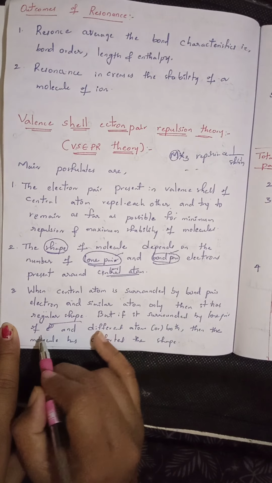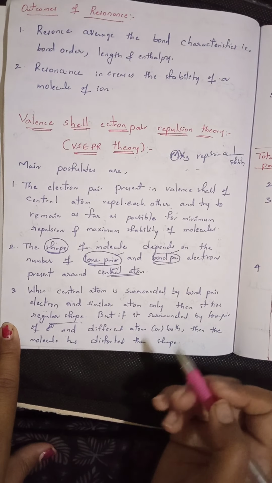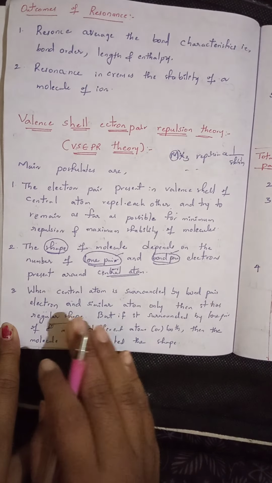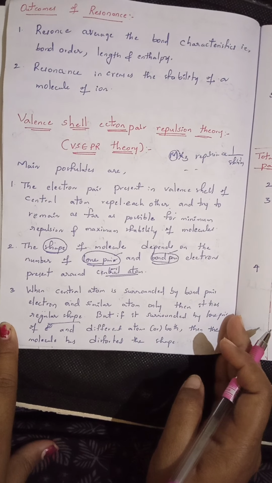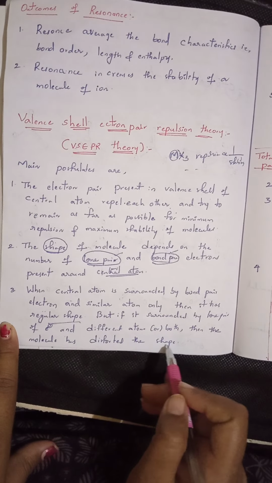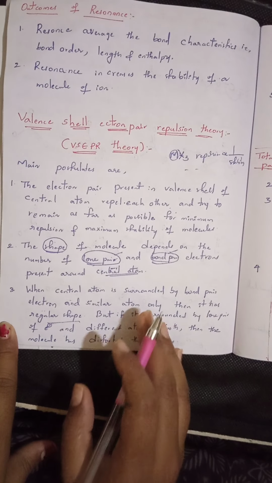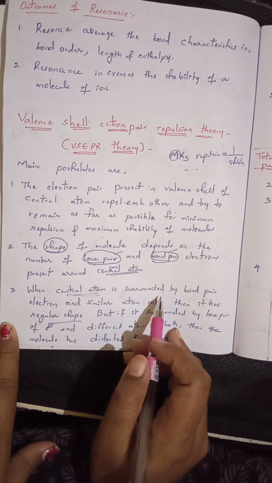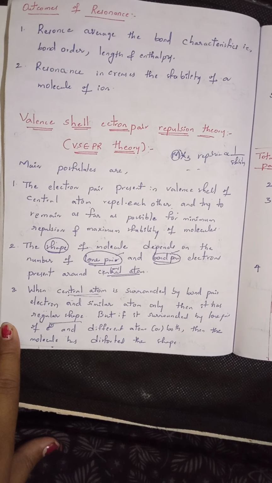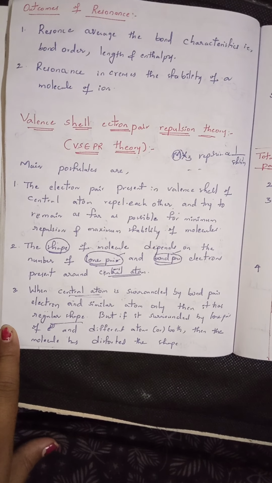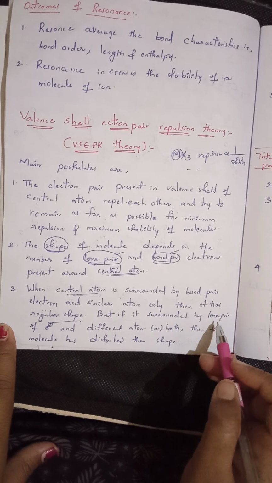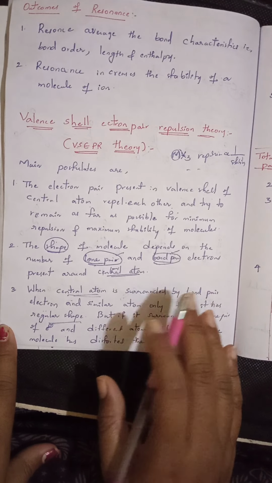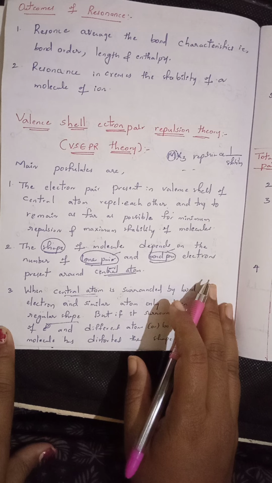But if it is surrounded by lone pairs or by different atoms, central atom of one type and bonded atoms of another type, then the molecule has a different shape. If the central atom is bonded to the same type of atom, the shape remains regular. But whenever the central atom is surrounded by different atoms or lone pairs, the molecule has a distorted shape. Some disturbances arise in the shape, which leads to a distorted shape.